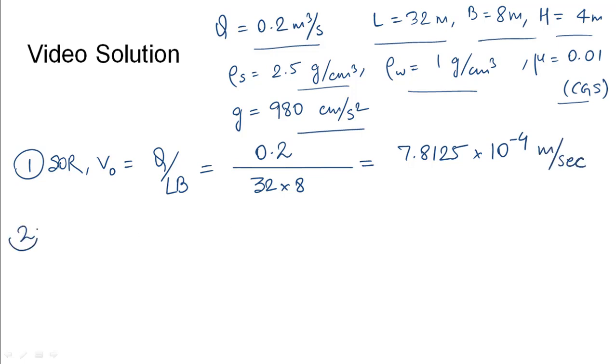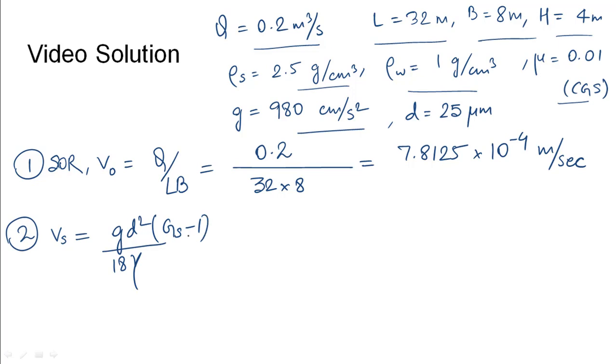Secondly, we need to find the settling rate of the particle whose diameter is given as 25 micrometers. The settling rate is governed by Stokes law for a spherical and uniform particle, that is g d square by 18 nu into Gs minus 1. Here the specific gravity of the particle will be the density of the particle by the density of fluid, that will be 2.5 in this case.